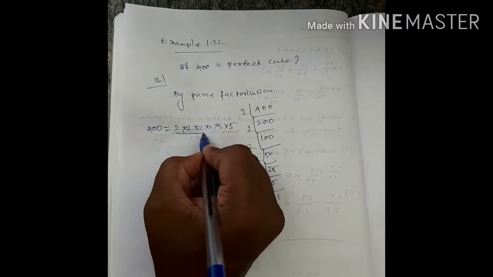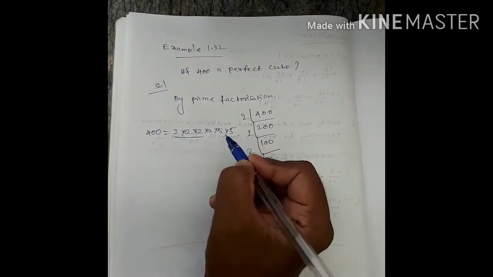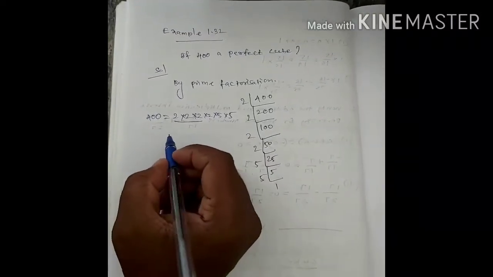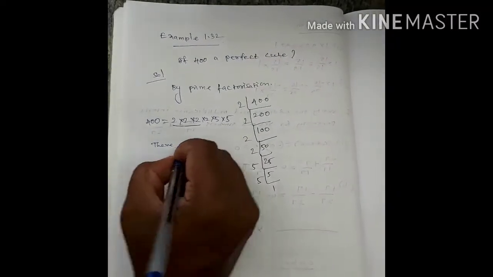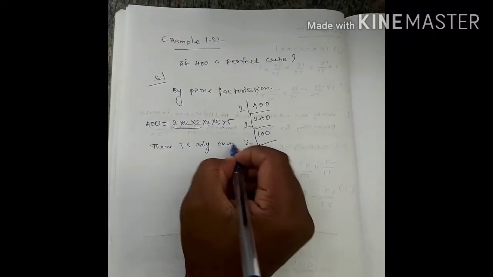Here you check for sets of 3 numbers. For 2, one set only comes, and for 5 no set, so there is only one triplet.